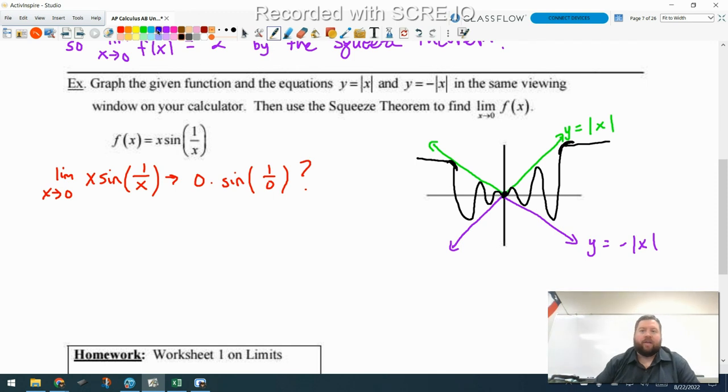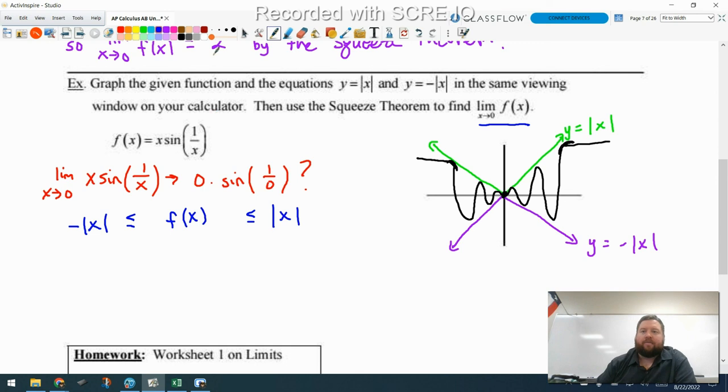Let's set up our inequality. Negative absolute value of x is less than or equal to x sine of 1 over x, which is less than or equal to the absolute value of x. I'm not going to write this out every time. That's annoying. They gave us a name: this is called f of x, so I'm just going to put f of x. Our problem was stated this way: limit as x approaches 0 of f of x.